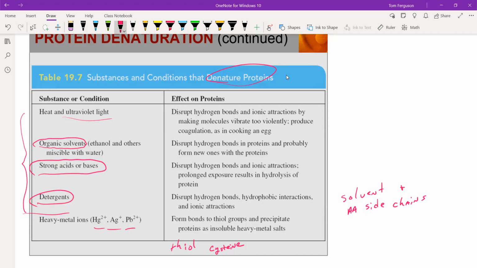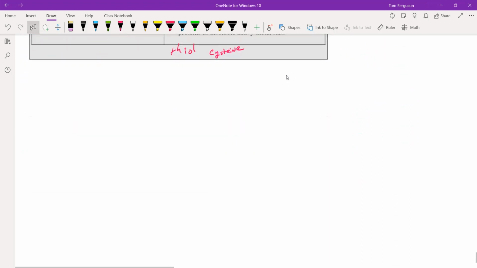But these others, if it's a weak exposure to an acid or a base, or it's just a weak solvent, a little bit of light, proteins can usually do okay. But the stronger you get any of these three, or four, I guess, there'll be less and less of a chance of a protein surviving in its native state. All done.